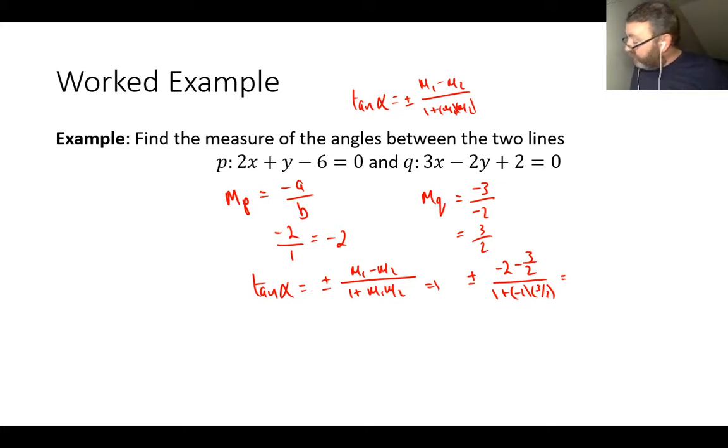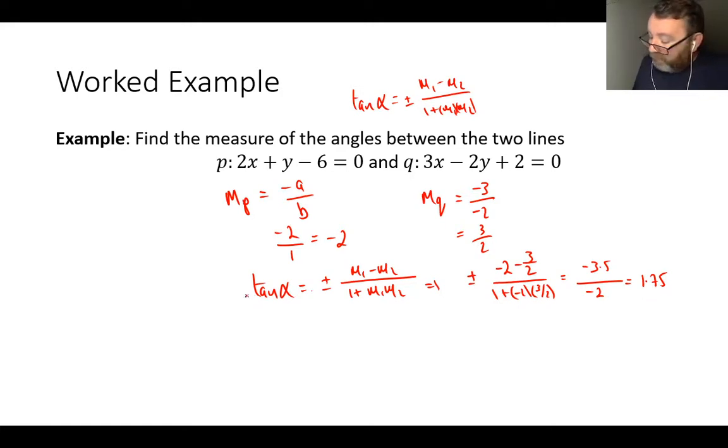But let's do it on the calculator quickly. Okay, so that becomes minus 3.5. And then down below, what do I have? Well, the minus 2 will cancel with the plus 2, leaving you with minus 1. So it'll be 1 plus minus 3, which becomes 1 minus 3, which is minus 2. So that's going to give me an answer of 3.5 divided by 2, which comes out as 1.75. Okay, now be careful.